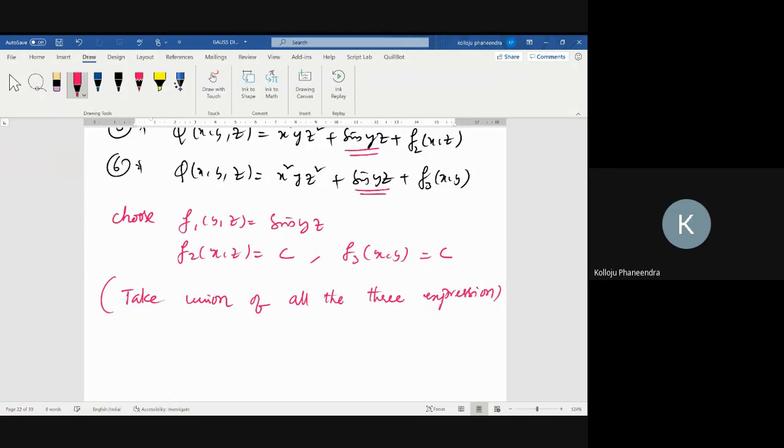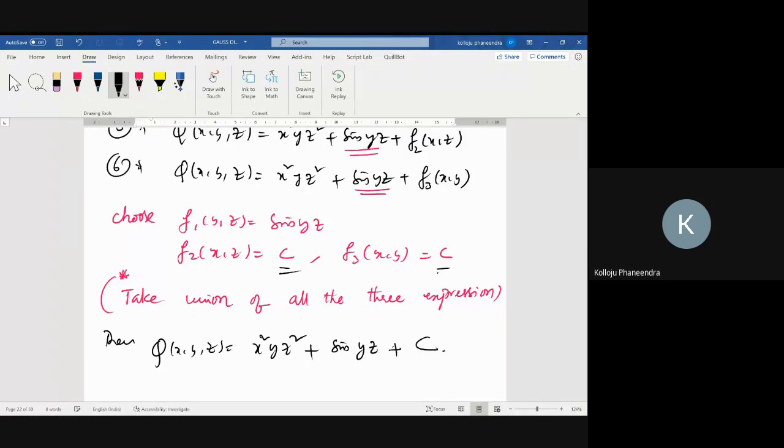In set theory, A union B means write all the elements without repetition. This is very important. Write all the terms in the first, second and third, without repeating. This term is there, and the other different term is sin yz, and you put c.